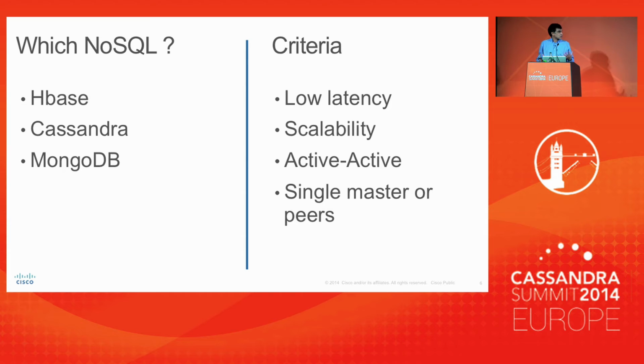And then the whole reliability of using a single master model or peer model. From this analysis, we took MongoDB out early on by just reading and looking at the published tests on that. HBase and Cassandra were pretty close, especially because HBase was closer to the Hadoop installations that we have.